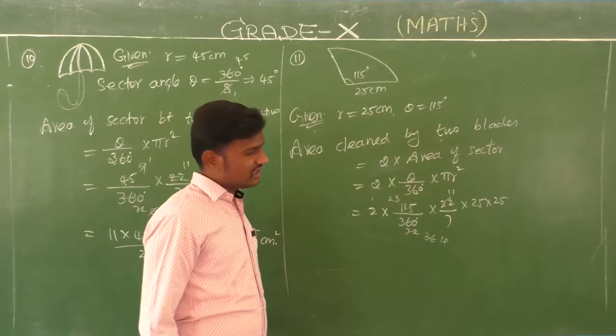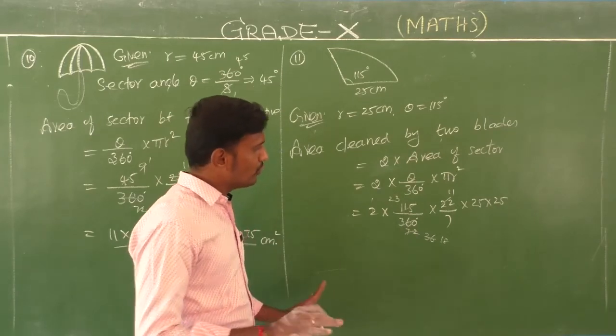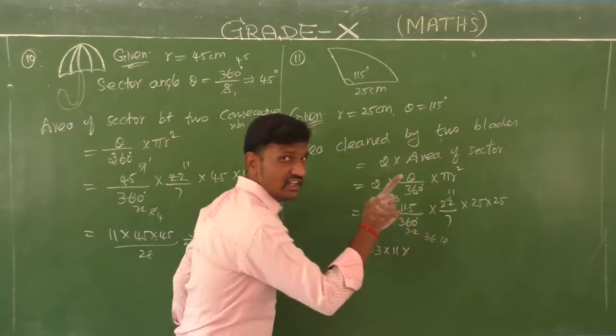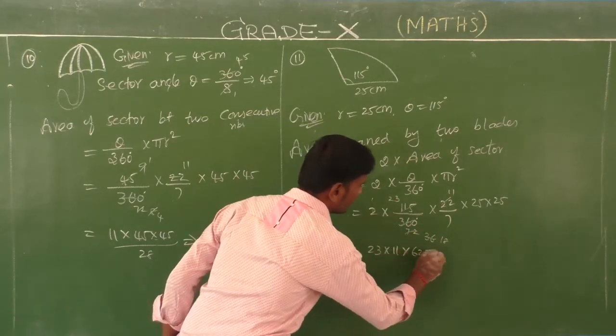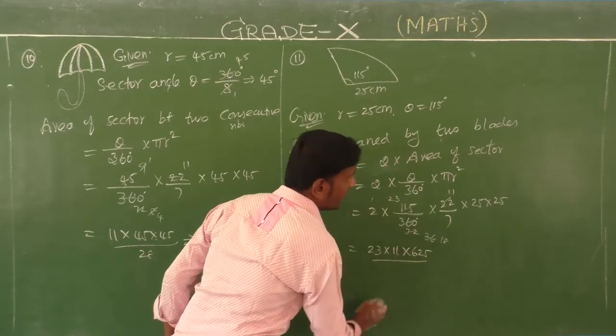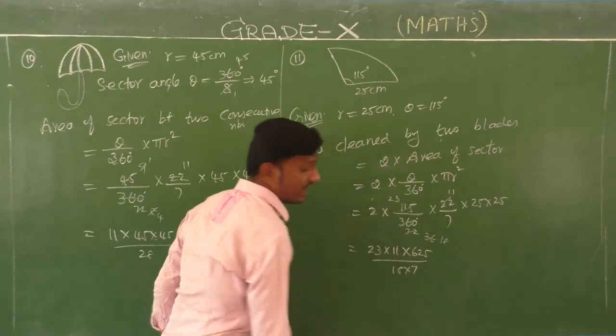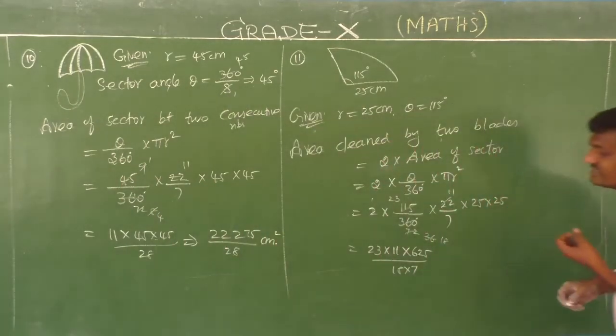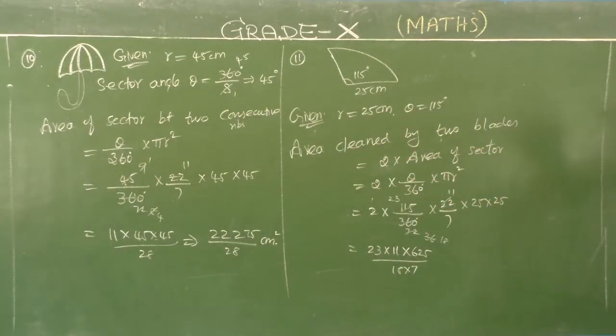And is anything left to multiply now? No. So see, 23 into 11 into 25 25s are 625, whole divided by 18 into 7. So multiply all these to get the final answer. Students, listen carefully. 625 into 11: 5 1s are 5, 2 1s are 2, 6 1s are 6, so 6875.